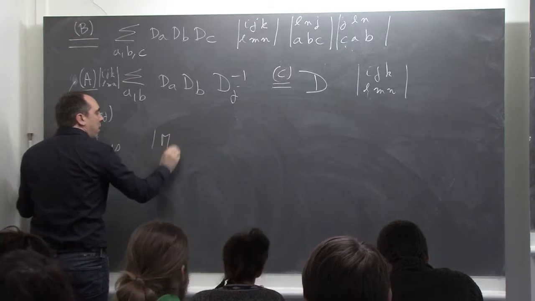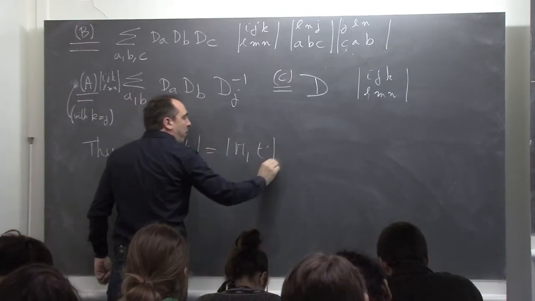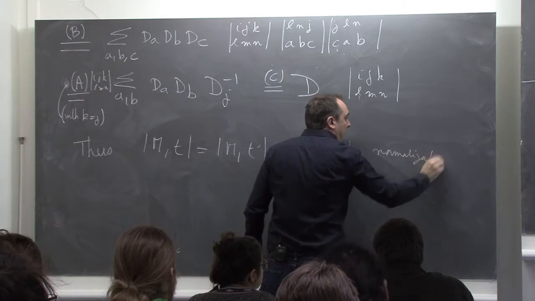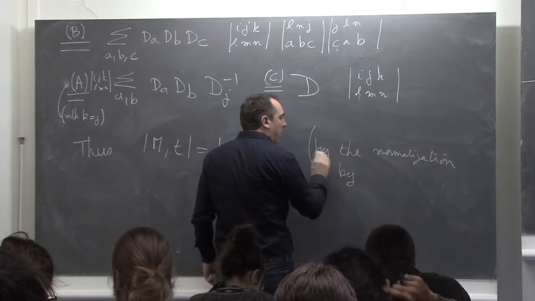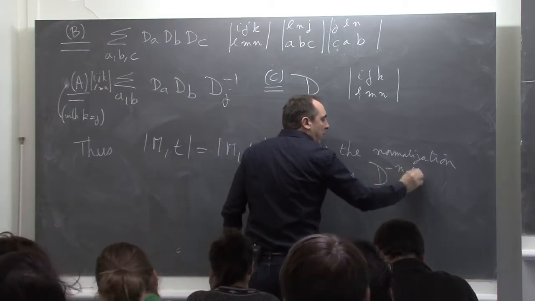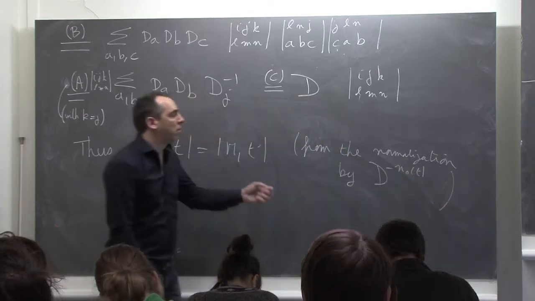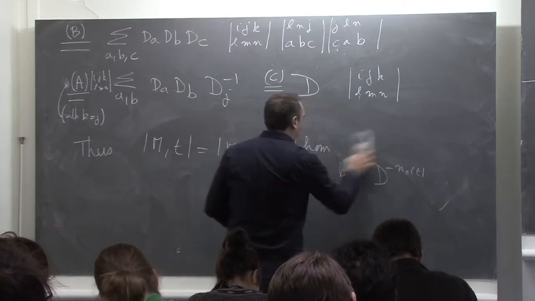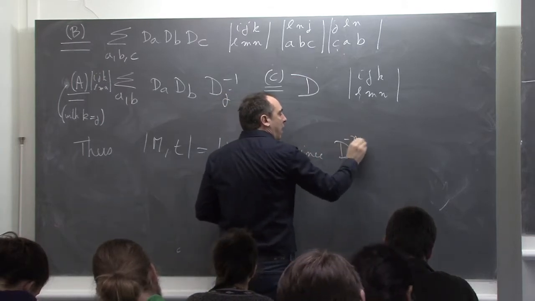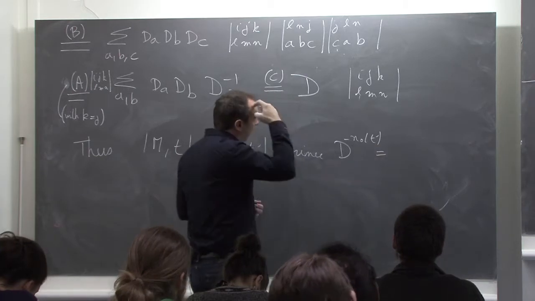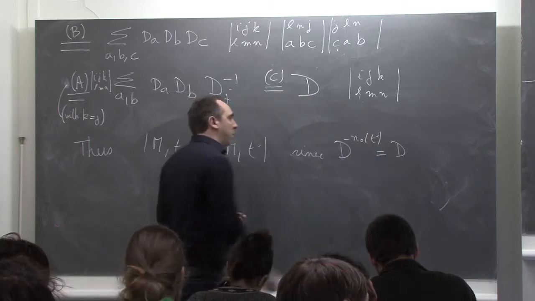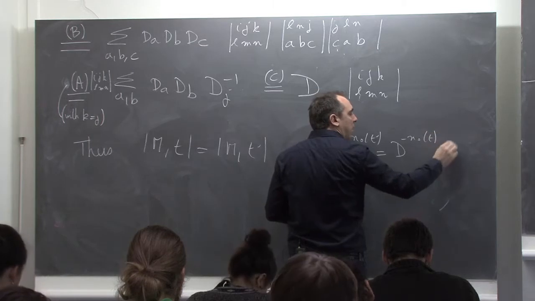Thus, M_T is M_T prime, so this follows from the normalization by D to the minus N0 of T. Since D to the minus N0 of T prime is, and T prime has one vertex more, so minus N0 of T times D inverse.